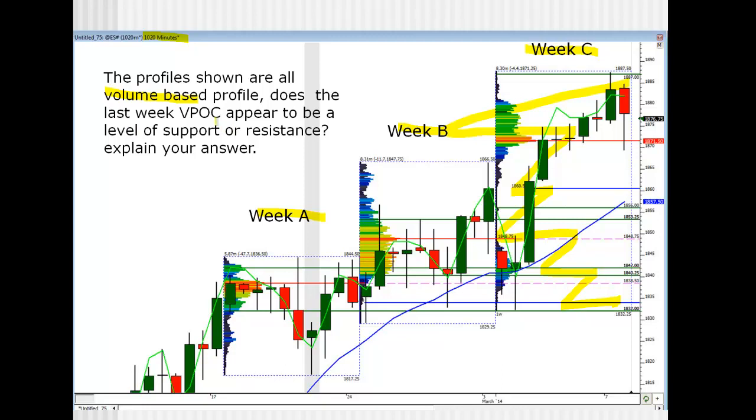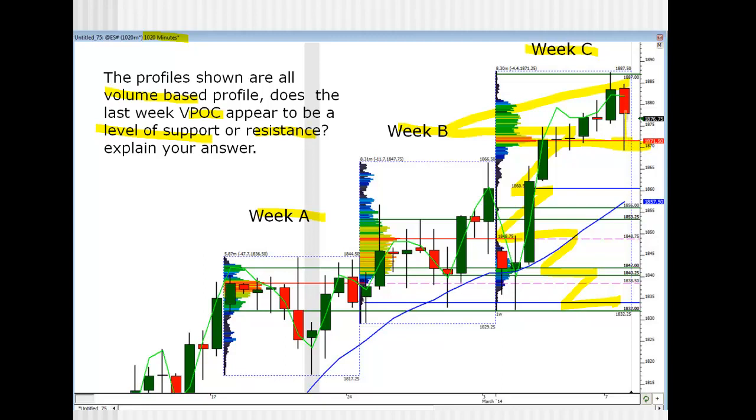Does the last week's VPOC, volume point of control, and that is this level right here, appear to be a level of support or a level of resistance? Well, let's take a look at what happened when prices came to that level. They dipped below, came right back up, dipped below, came right back up, dipped below, took it higher, and we came back to test it here.